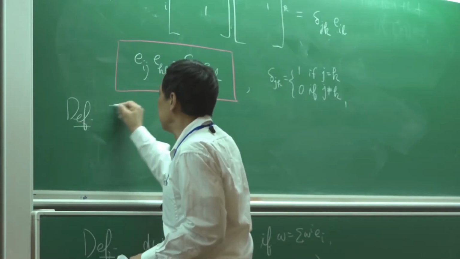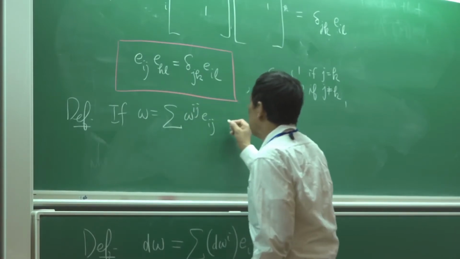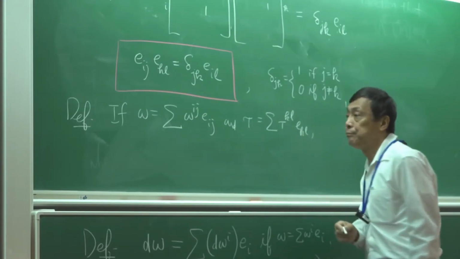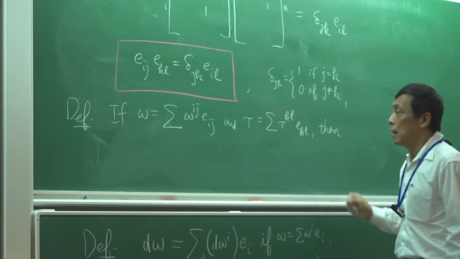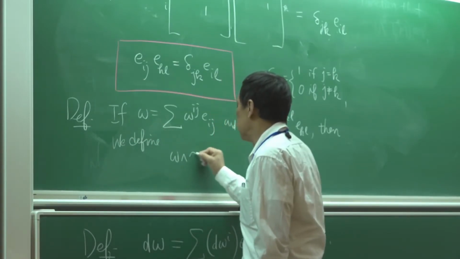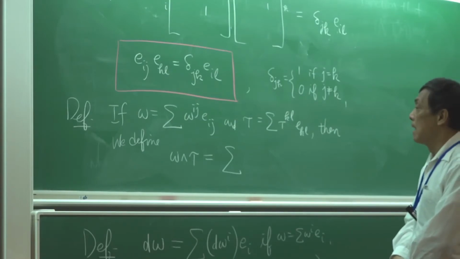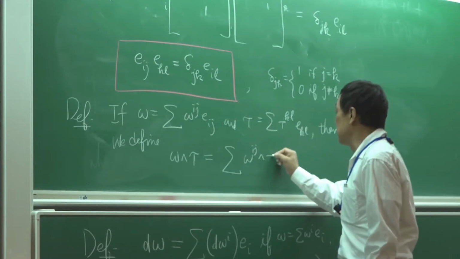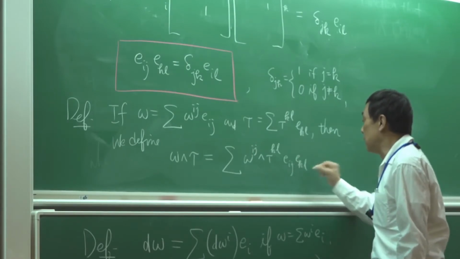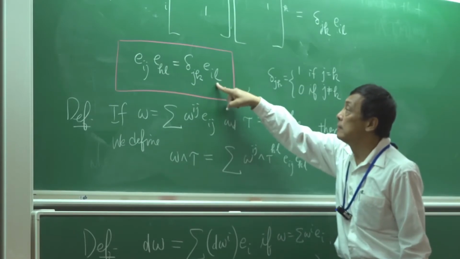So, definition: if omega is the sum of omega_ij E_ij, and tau is the sum of tau_kl E_kl, then we define the wedge product of omega and tau to be the sum of omega_ij wedge tau_kl, E_ij times E_kl, and then E_ij E_kl is this.